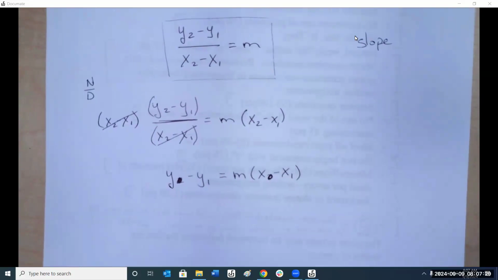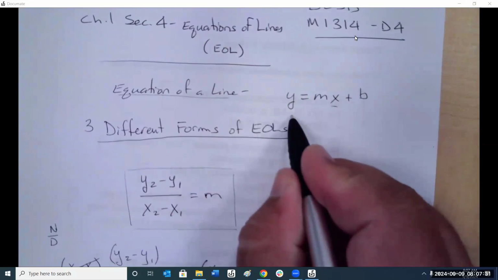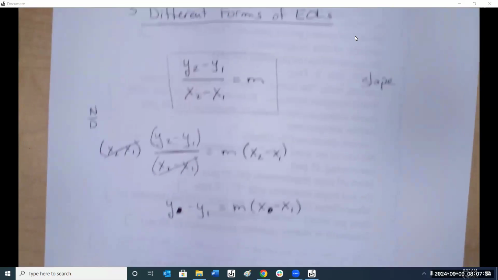That's going to be the x and the y part. Because in order to find the equation of a line, you need 2 things. You need a point and a slope. That's what we have here.